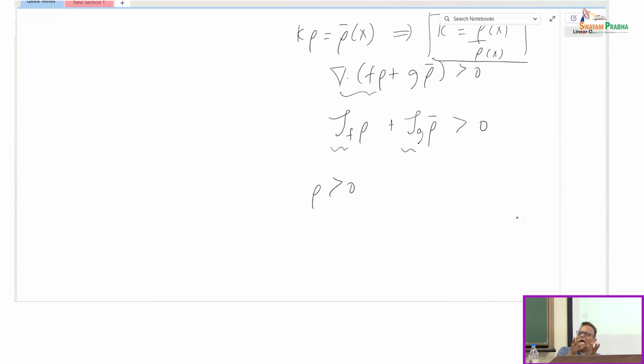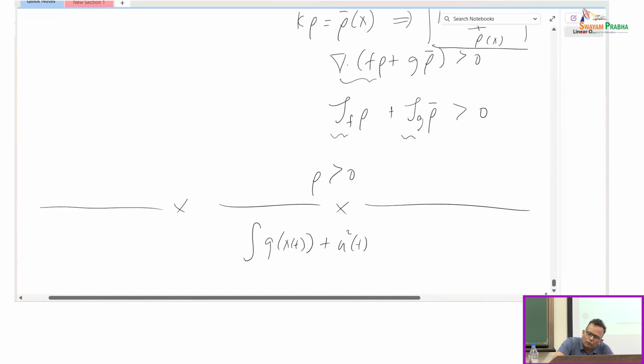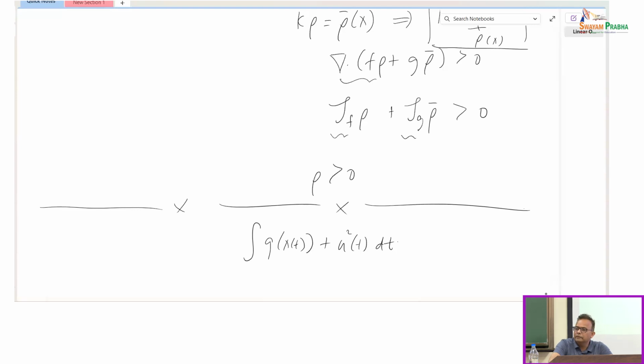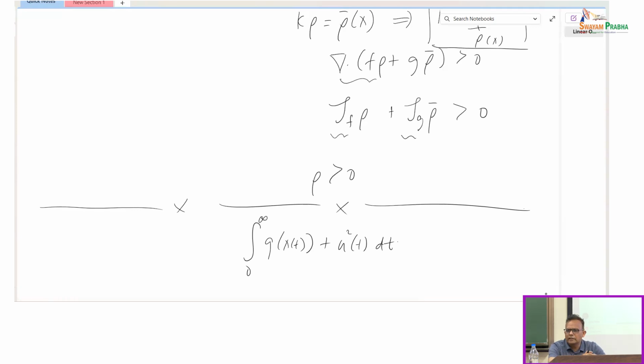Now, how will that cost function look? You can construct it exactly like the way we construct the cost for the regular optimal control problem. The regular optimal control cost was the integral of q(x(t)) plus u squared(t) dt, over infinite horizon. This was my regular cost, which is a function of each and every initial condition.